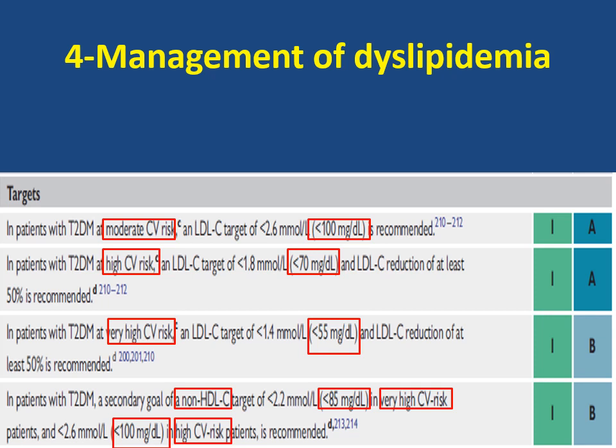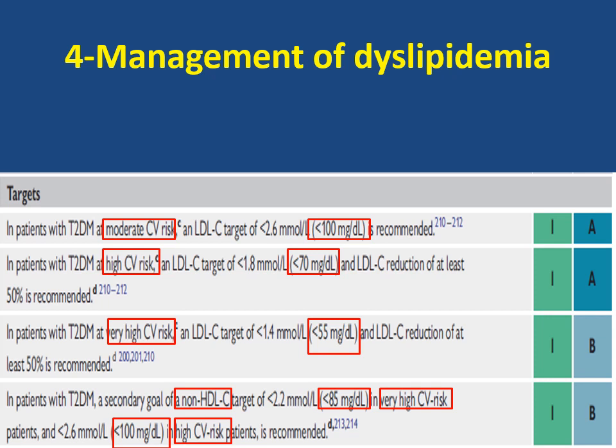If the patient is classified as high risk, the target is LDL below 70 mg and at least 50% reduction from the baseline. If the patient is classified as very high risk, the target is LDL below 55 mg with 50% reduction from the baseline.